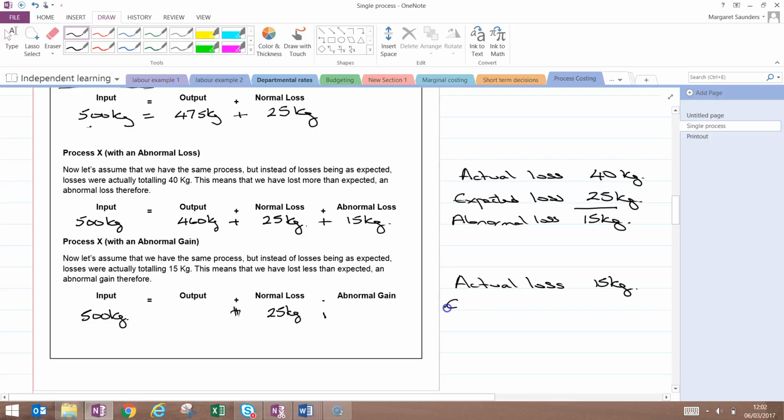The expected, or your normal loss, is 25 kilos. So we've actually gained 10 kilos.